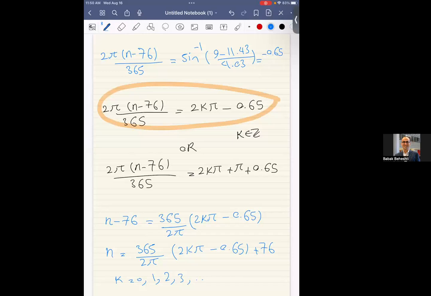Oh, here it's radians already. It's very confusing.